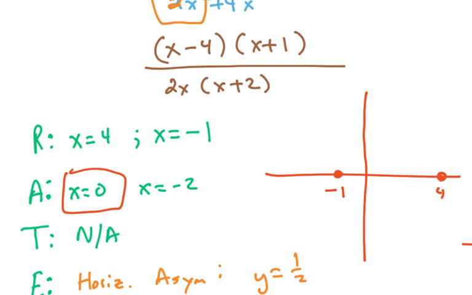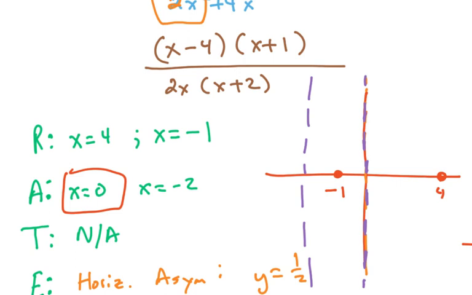We know we have an asymptote there. You know what? Let's do a different color. Let's do purple. That sticks out more. At 0, and then we also have one at -2.